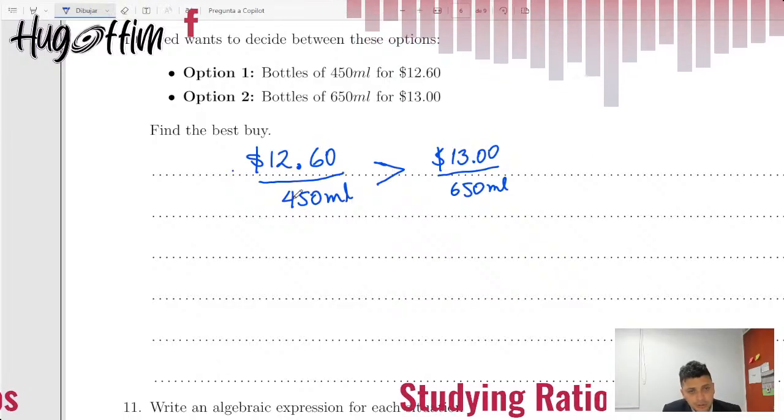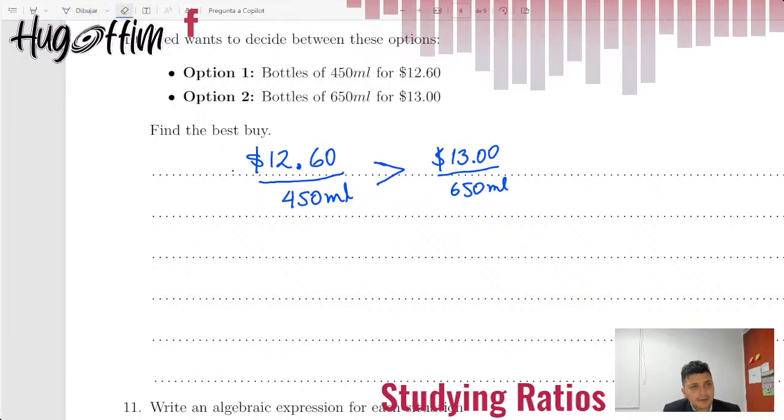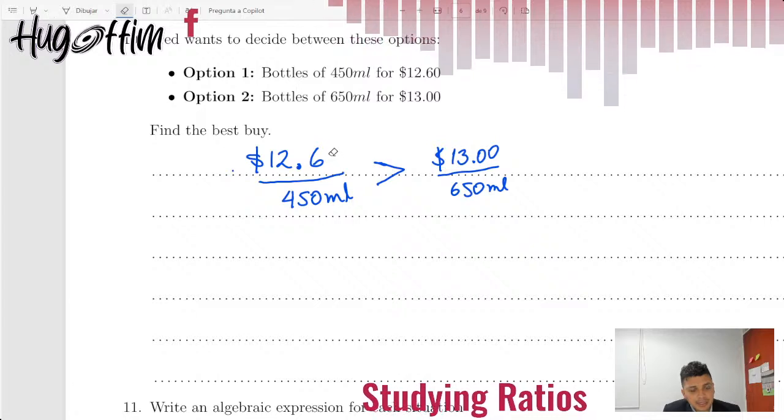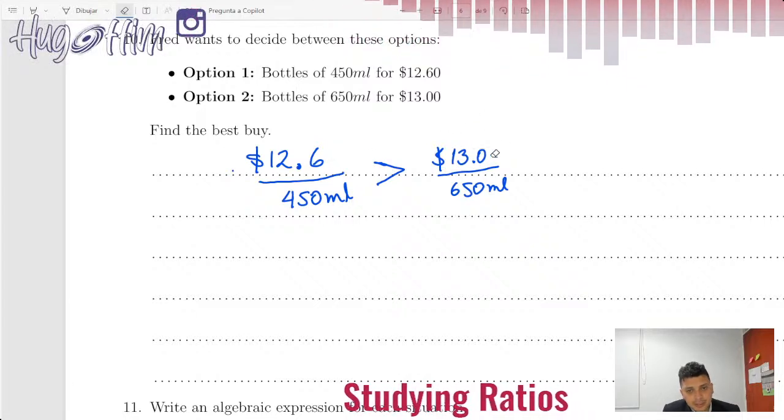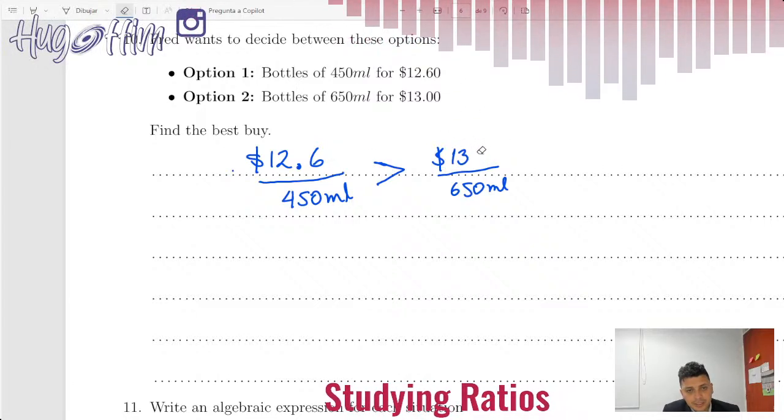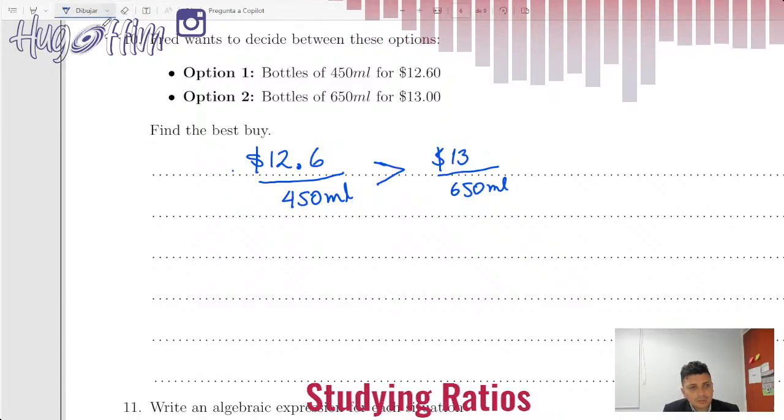So first I'm going to simplify this fraction. As I'm going to simplify this, I'm going to avoid the zeros to the left of the decimal, so I don't have to put a lot of decimals.